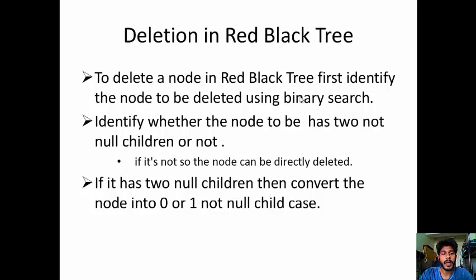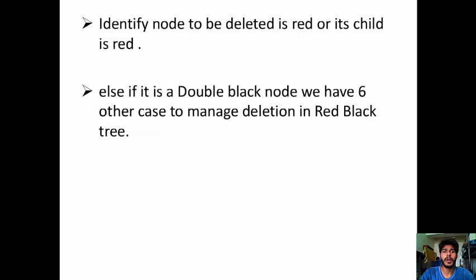Next, we have to convert that two null children case into a 0 or 1 non-null children case. If we have done that part, it will be a lot easier for us to delete the node. The next step is to identify whether the node that is to be deleted is red or its child is red.